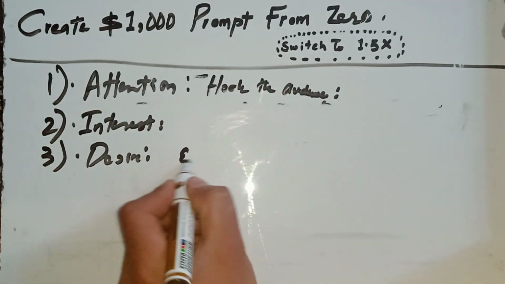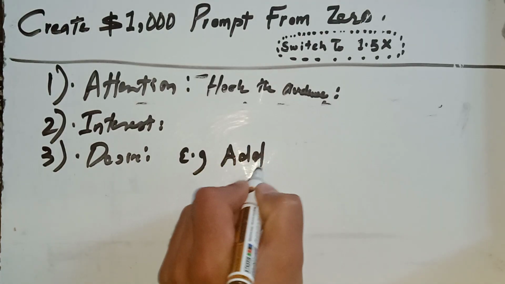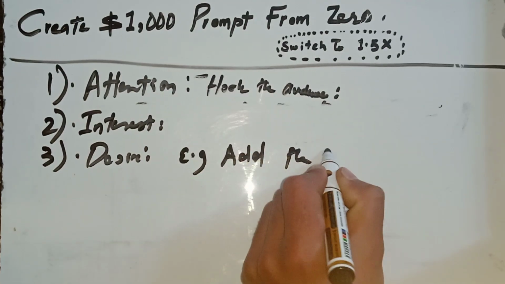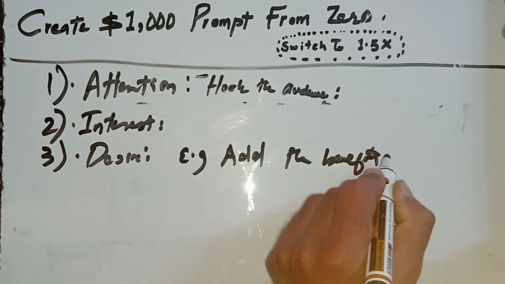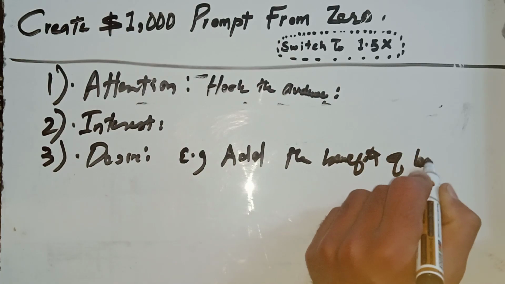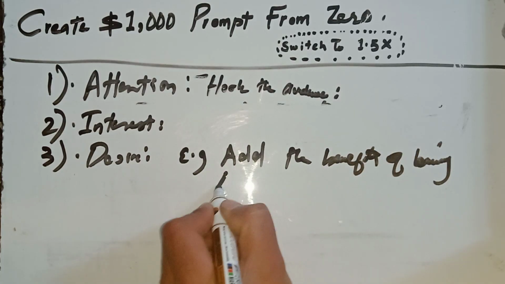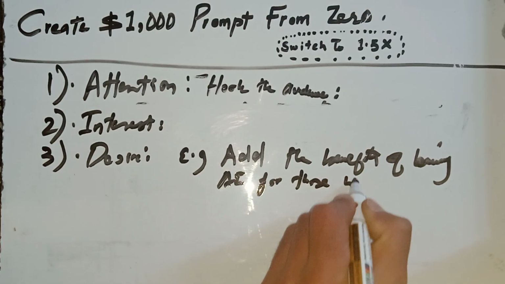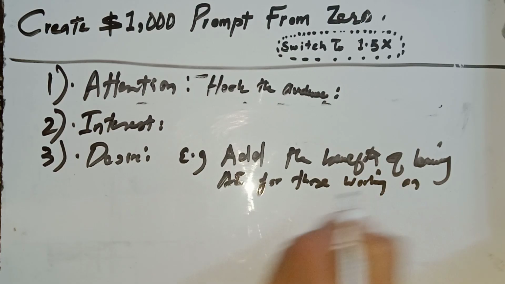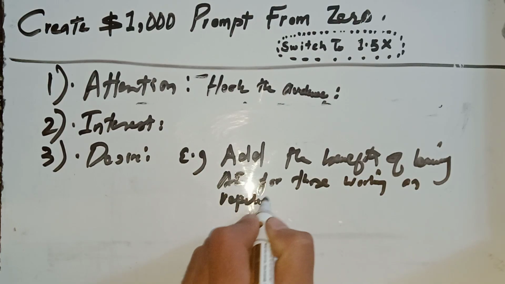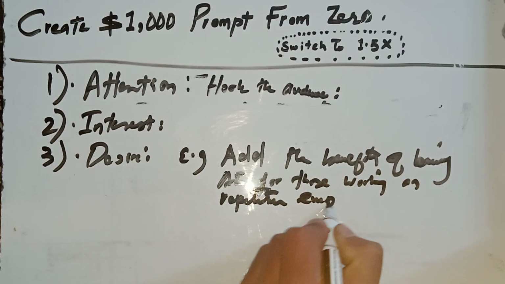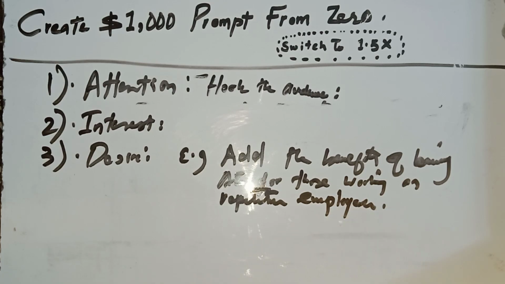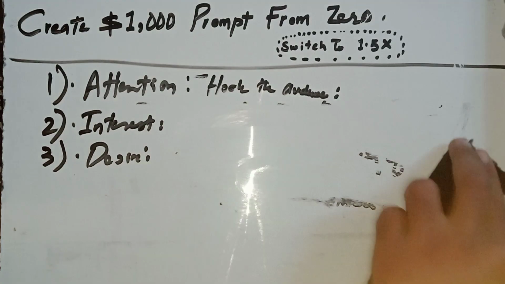You can ask AI to add the benefits of learning AI for those working as repetitive employees. So this is the kind of thing you need to consider in the third part of this framework.